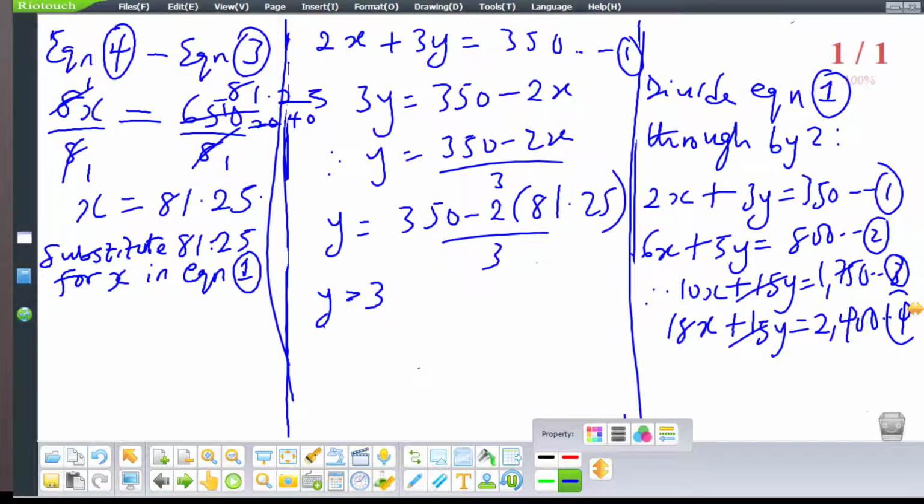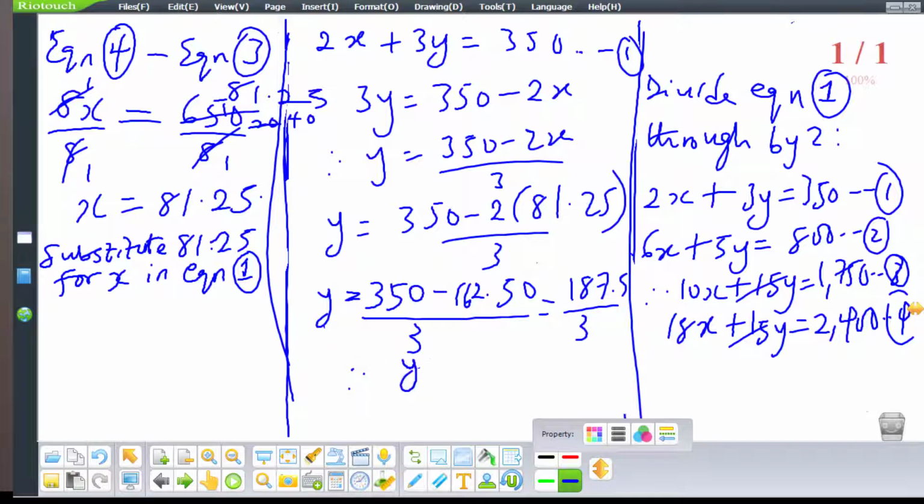So we say y equals 350 minus 81.25 times 2, that's going to be 162.50, all over 3. So let's compute that. 350 minus 162.5 is going to be 187.5, all divided by 3.